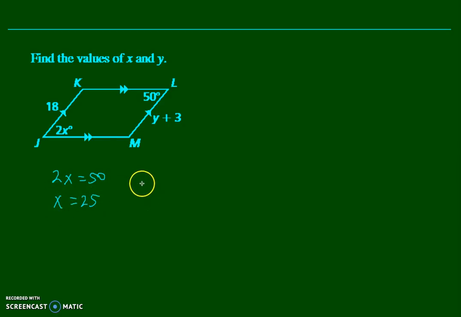We also know that these two sides are congruent, so 18 equals y plus 3. Subtract the 3, 15 equals y. Hopefully you find these relatively basic. Opposite angles in parallelograms are congruent. Opposite sides in parallelograms are congruent. And so let's move on to the next property.